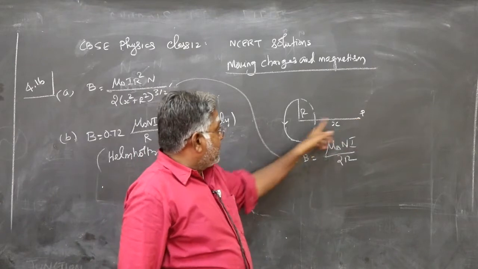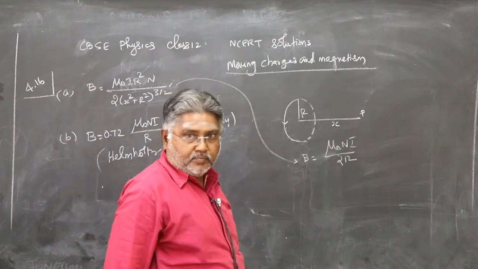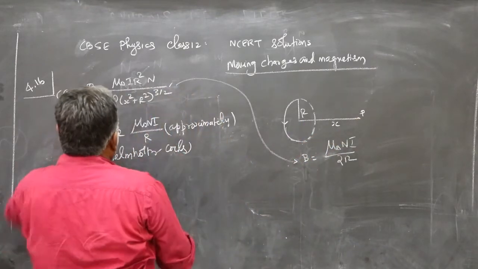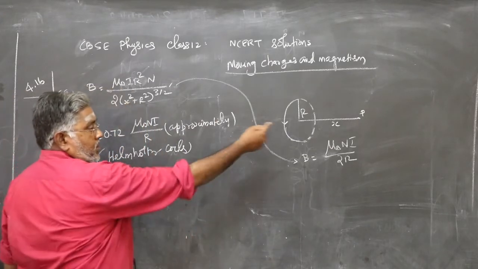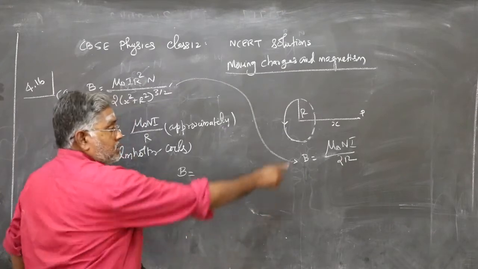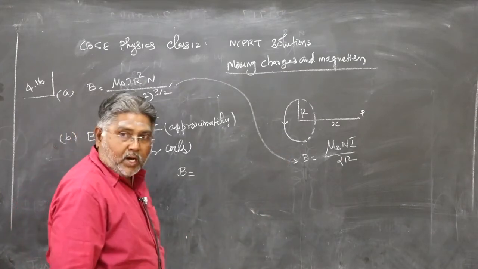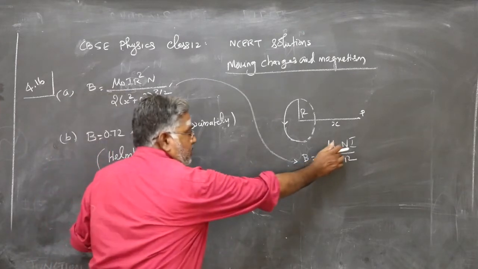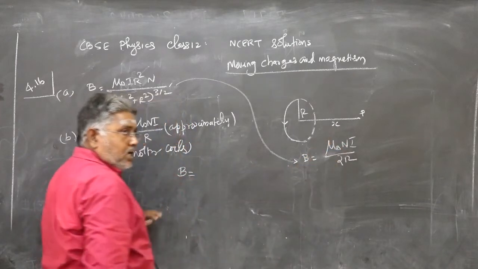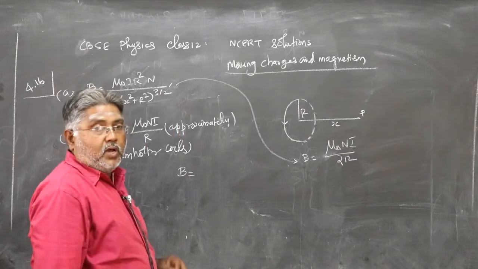When the point is at the center, you make x 0. So in this expression, B is equal to, you make x 0 because the point has to go to the center. You are supposed to get mu naught Ni by 2r, taken as a familiar result. We can prove it directly also. B equal to mu naught Ni by 2r is the magnetic field at the center of the coil.